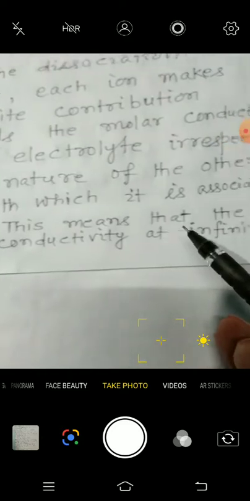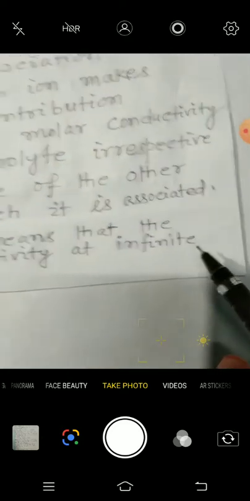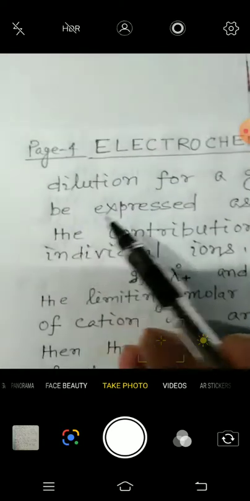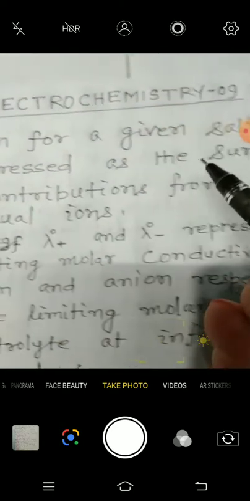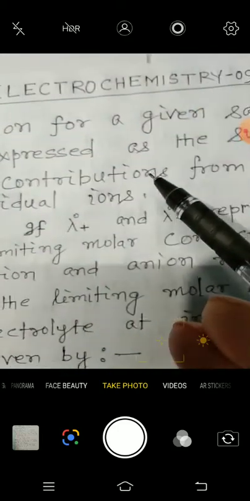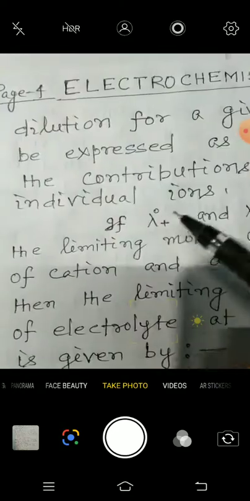This means that the molar conductivity at infinite dilution for a given salt can be expressed as the sum of the contributions from its individual ions.